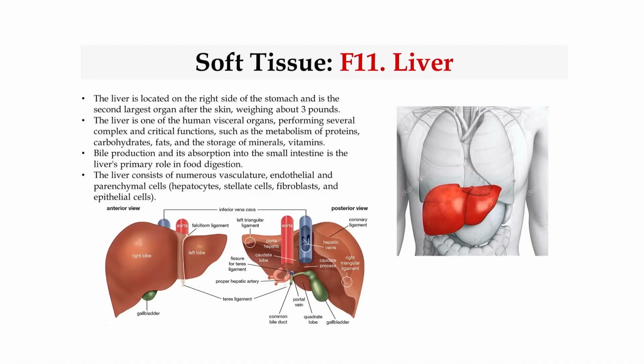Then you have quite a few elements here, such as the coronary ligament, the porta hepatis, caudate lobe, caudate process, right triangular ligament, and fissure for teres ligament. The teres ligament is also something important which fixes the liver. Then you have the portal vein, common bile duct, quadrate lobe, and gallbladder. The gallbladder is a small segment which is just at the bottom of the liver, right?